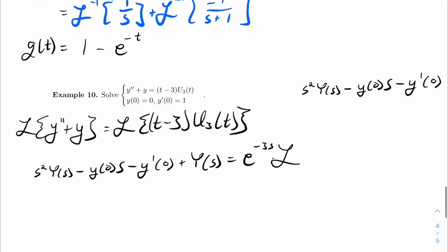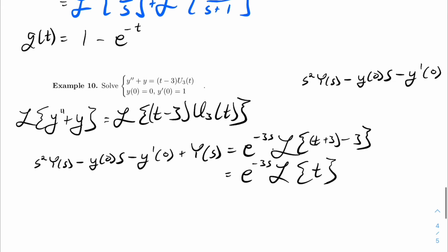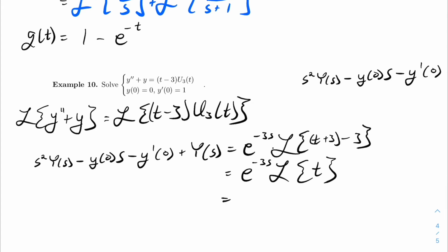So replace t with t plus 3. We replace all instances of t in our f with just t plus 3, and then this will conveniently cancel out to just a t. So we just do the Laplace transform of t, which is equal to 1 over s squared.